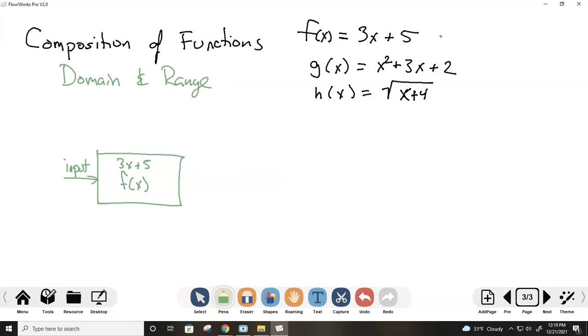And if I look at 3x plus 5, that's linear. We said that the domain was going to be all real numbers. And the range, the output, is also going to be all real numbers.